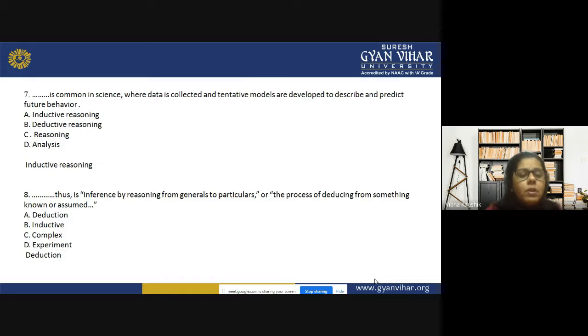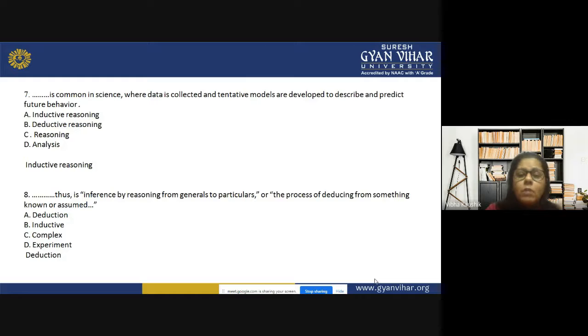Now the eighth one: dash is inference by reasoning from general to particular, or the process of deducing from something known or assumed.